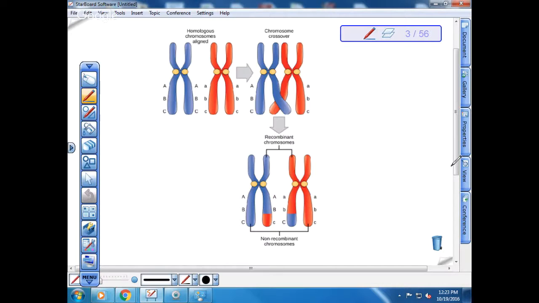It is a form of genetic recombination, but when they exchange, it's called crossing over, right? So crossing over is the exchange of genetic material between replicated chromosomes. Do you have that in your notes? We have it as prophase 1. Prophase 1 is crossing over, right? So that is a form of genetic recombination.